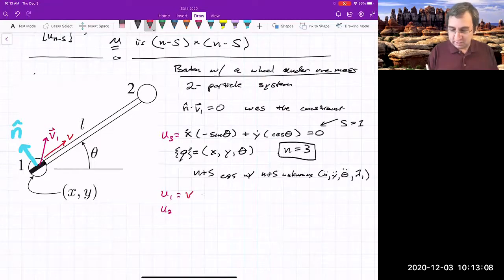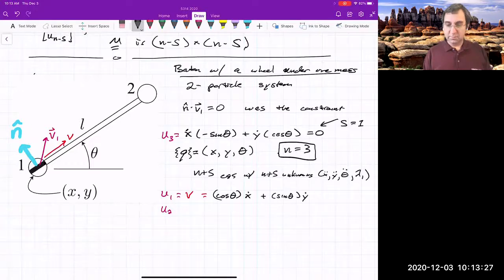I'll call it v, and it equals, I'll write it this way so that's nice and clear, cosine theta times x dot plus sine theta y dot. That's what that direction is.